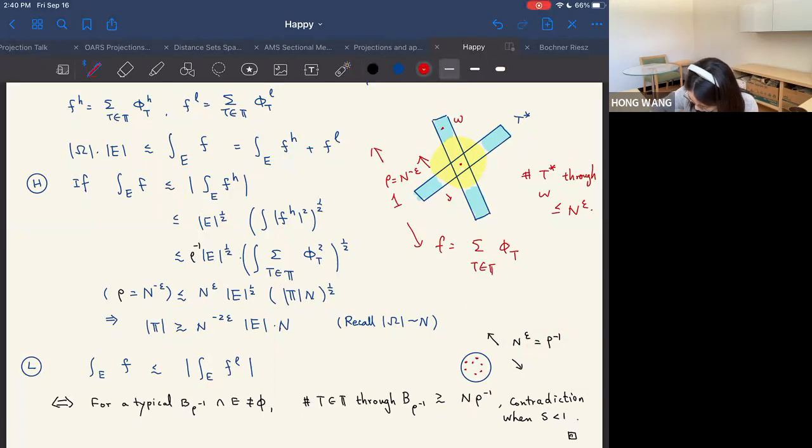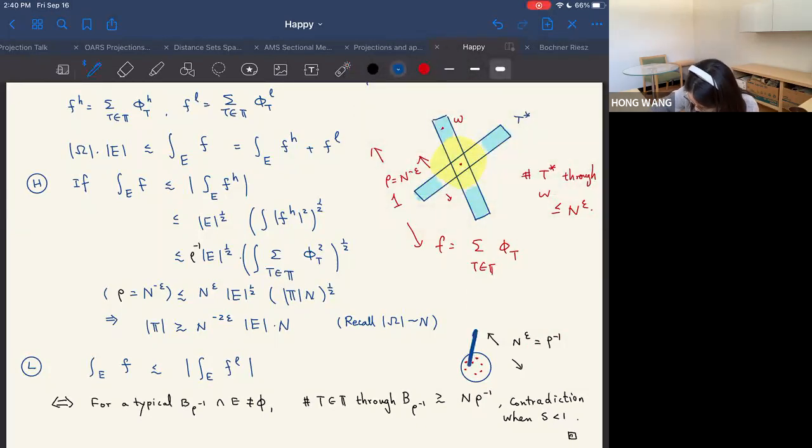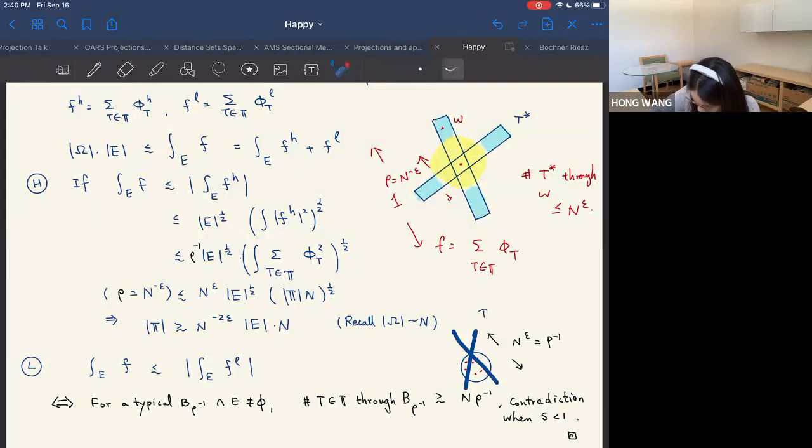So in the picture, suppose that this is our T. And when we are considering the low frequency part, the F low frequency part compared to F is a sum of bump functions on those T. This low frequency part will be like a slightly fatter ball of radius n to the epsilon, and we convolve everything, making everything thickness n to the epsilon.